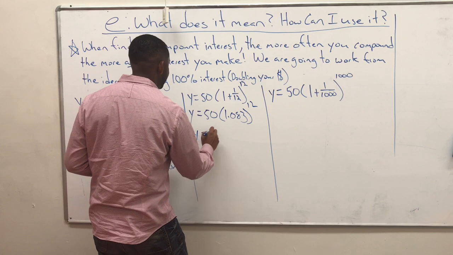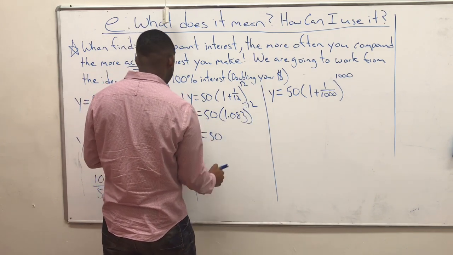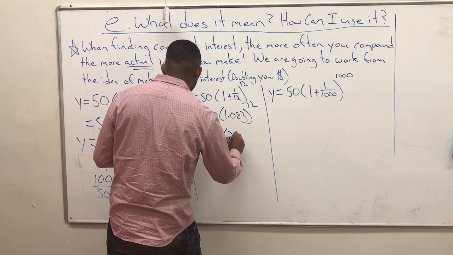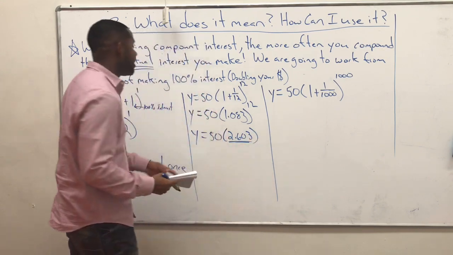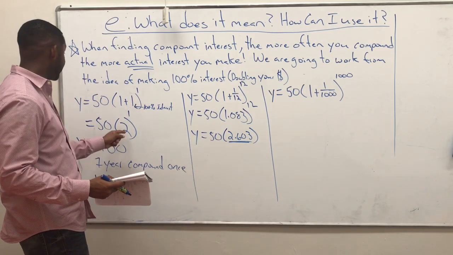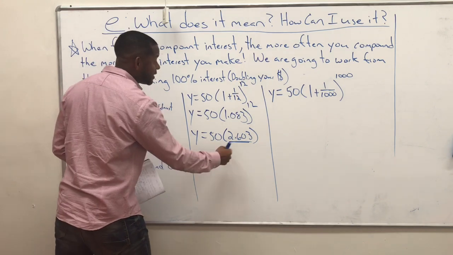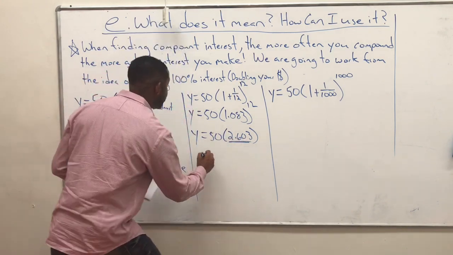All right, so just keeping with this, I got my $50. And 1.083 to the 12th power is 2.603. This is the key, right? My $50 last time, I doubled it and I got 100. It was times 2. But now my $50 is actually more than times 2. It's times 2.603.